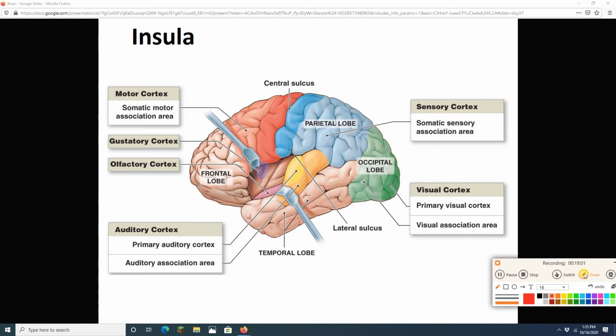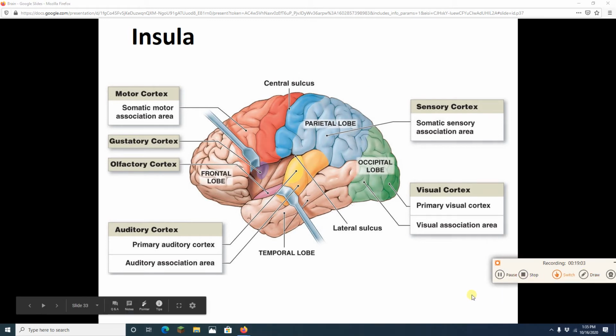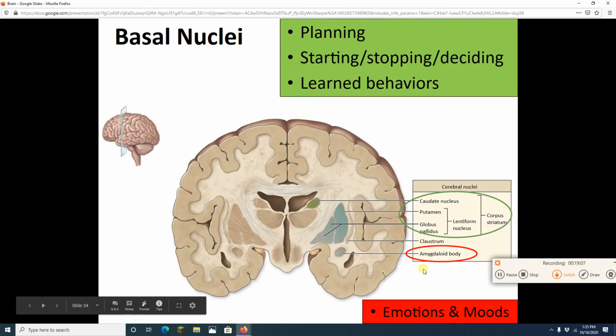Okay. So with that, we're done with the insula, and we're done with our walk through the lobes. What we now got to do is look at some of the nuclei. So remember, earlier we had said the outside of the cerebrum was gray matter, which is the cortex.